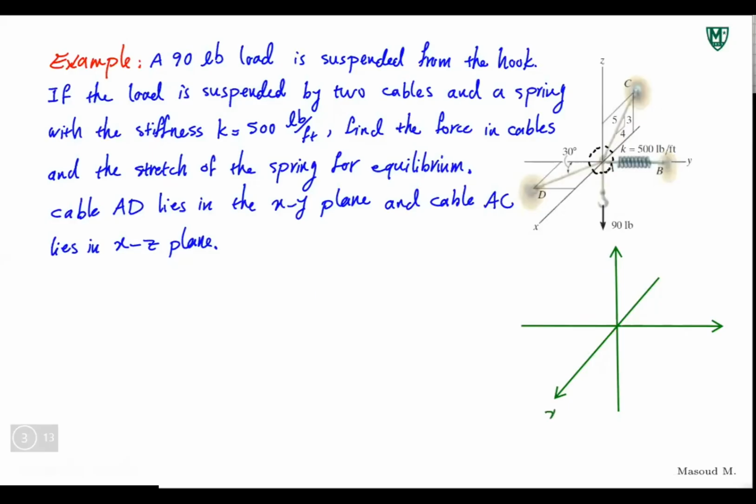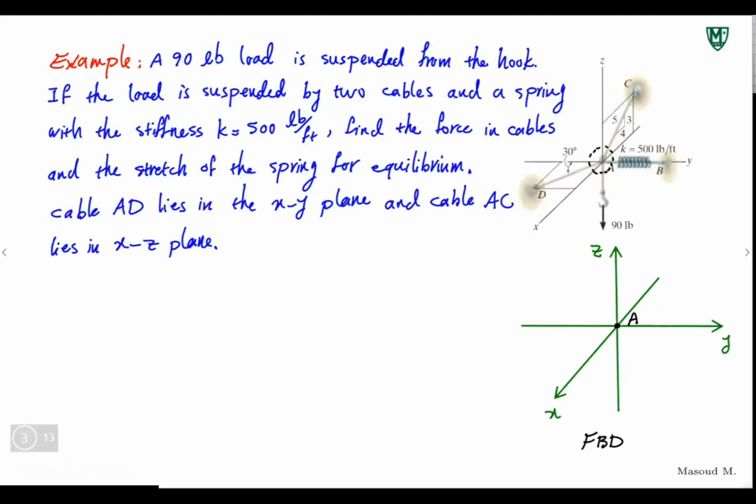I'm going to draw my vectors on top of these. Now, let's say this is my free body diagram, and this is point A. My axes are passing through point A. You guys tell me, what forces should I draw here?